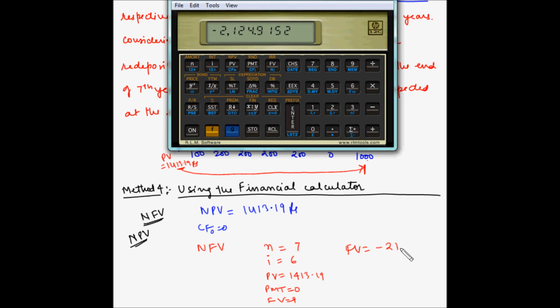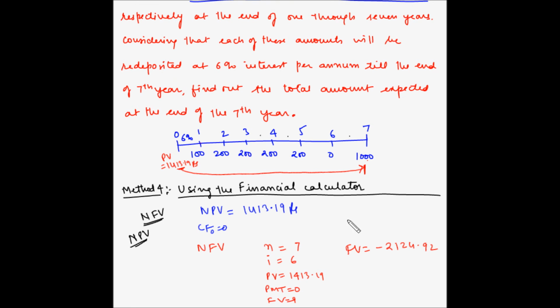minus 2124.92. The minus sign here indicates that since the present value was positive, this is an inflow into our pocket. That means we have taken a loan from a bank or some other organization at 6%.